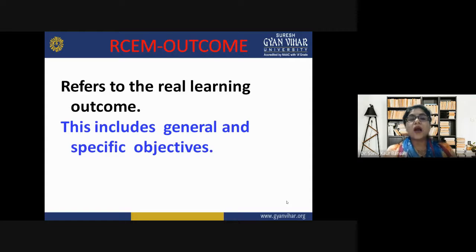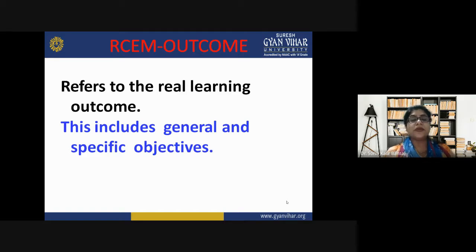Now, the RCEM outcome refers to the real learning outcome. It is not like theoretical learning. It is actually reflecting the learning from the students, that whatever they have learned, they are now showing it in their behavior. So this includes general and specific objectives also.